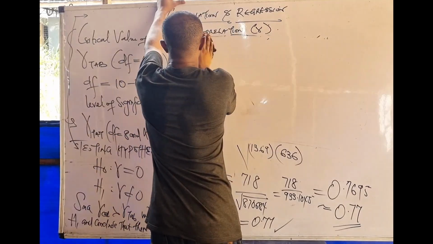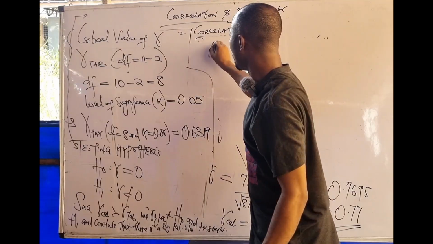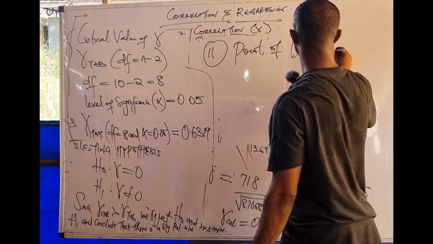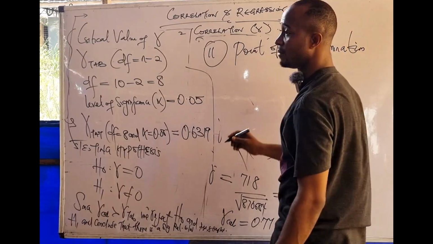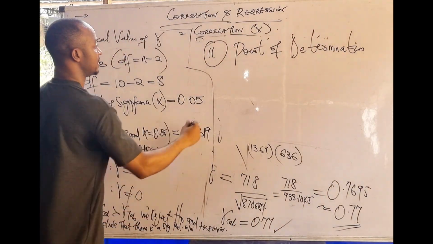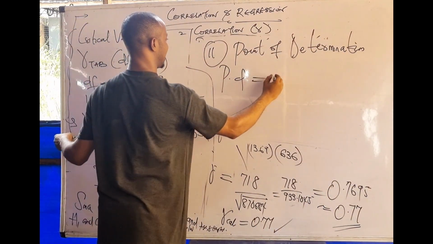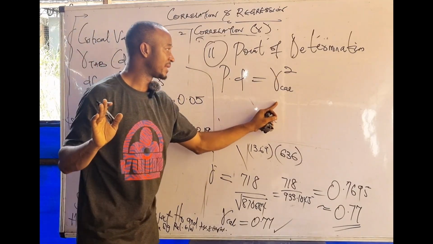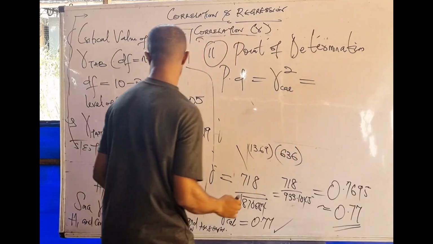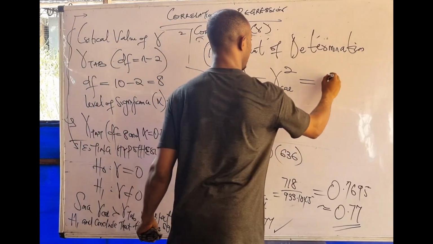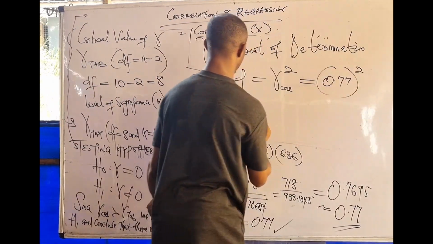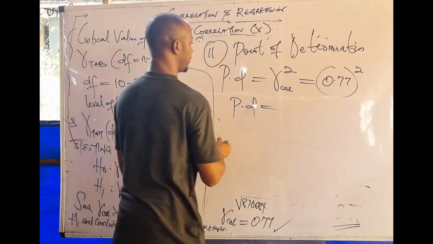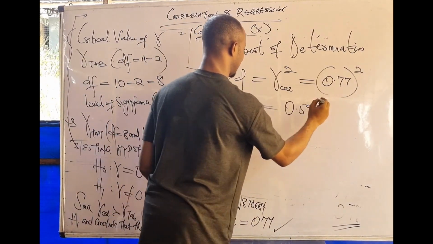But are we done with the question? Number 2 says no, we're not done. Number 2 says determine the point of determination and comment on it. Listen, stop writing. Point of determination is given as our calculated r squared. That's the formula. What's the value of our calculated squared? 0.77 all squared will be 0.5929.